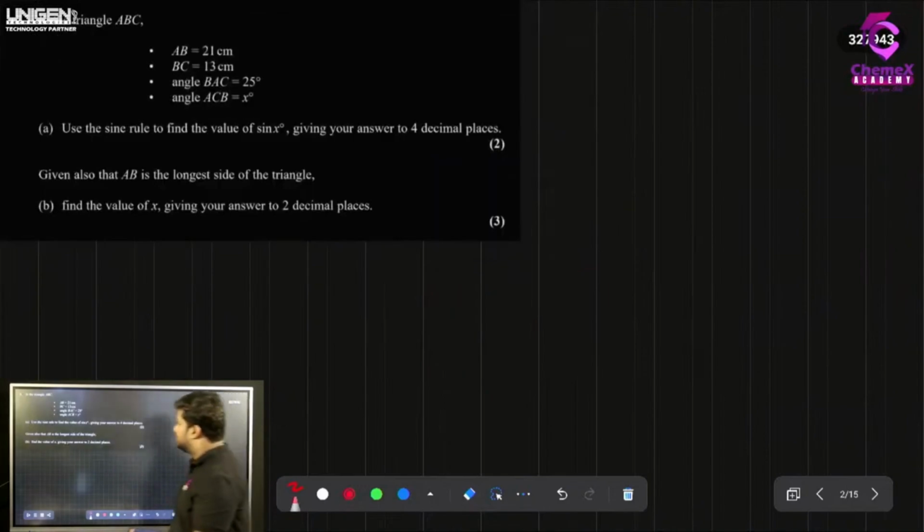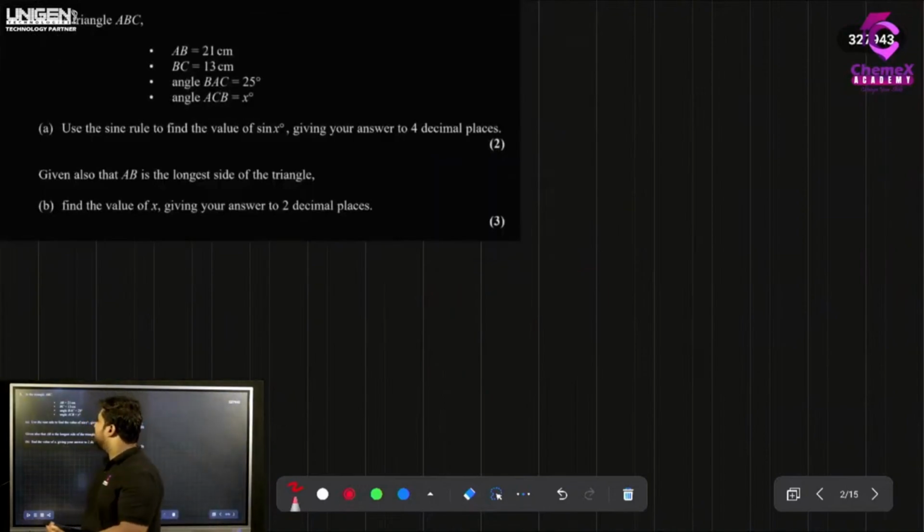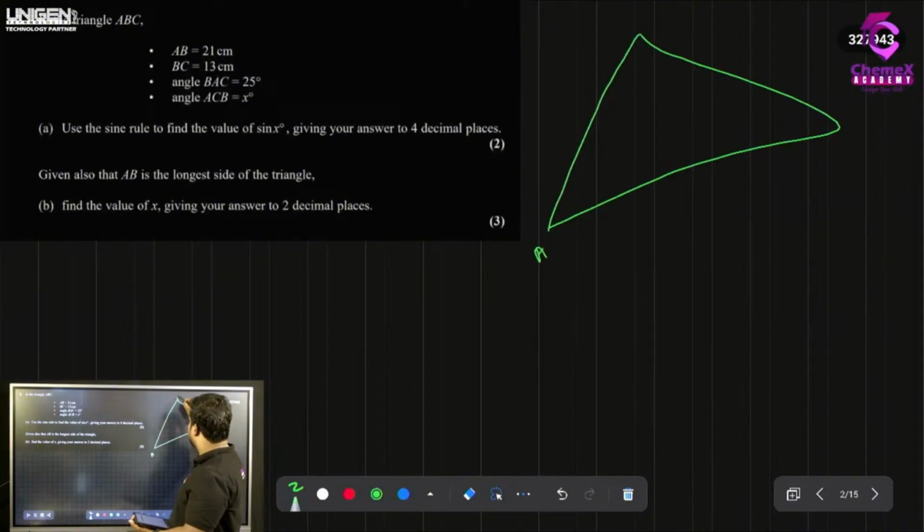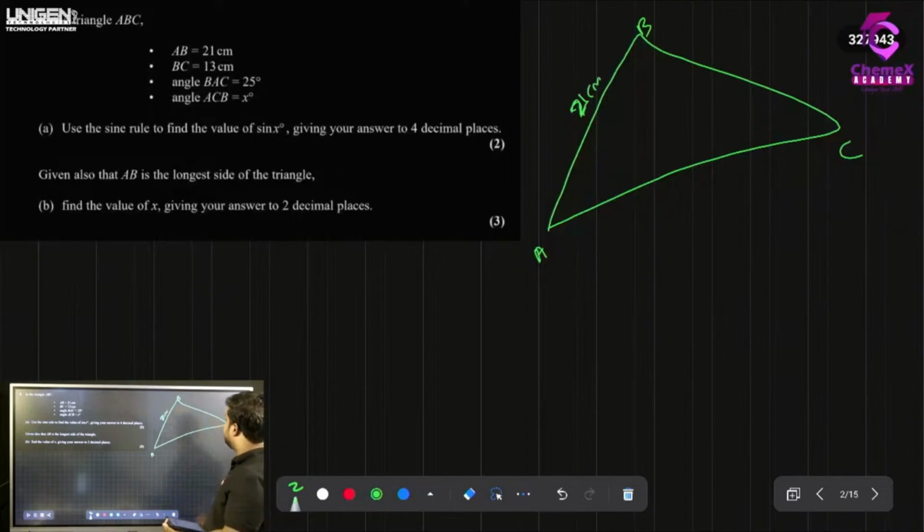Alright, so the second question. In a triangle ABC, so there's a triangle. They say AB is 21 centimeters. BC is 13.